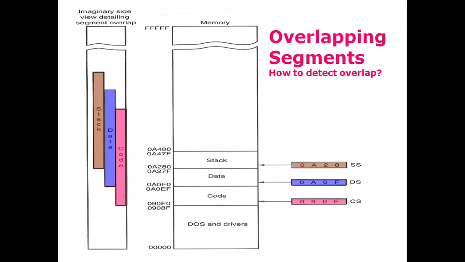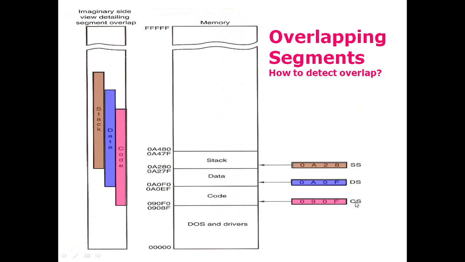Different segments can be defined as overlapping. Let's suppose this is the memory as usual, with all zeros as the starting address of the memory, and all F's as the final address of the memory. Three segments, code, data, and stack segments, are defined by initializing these segment registers with these values.